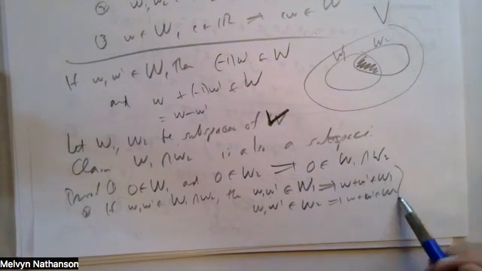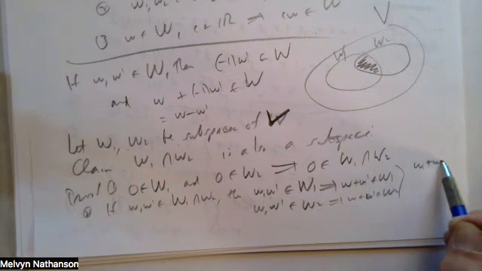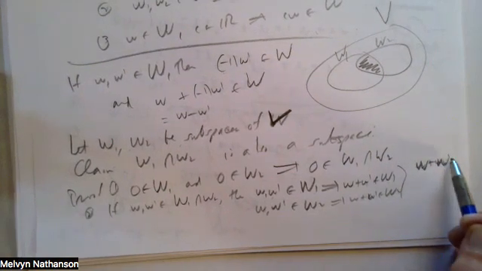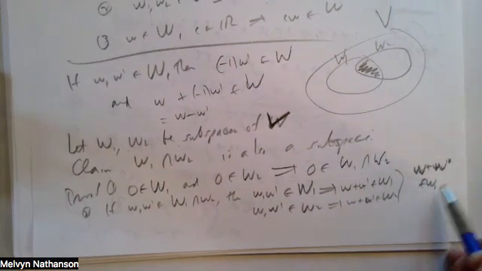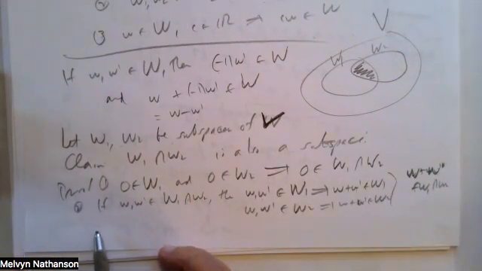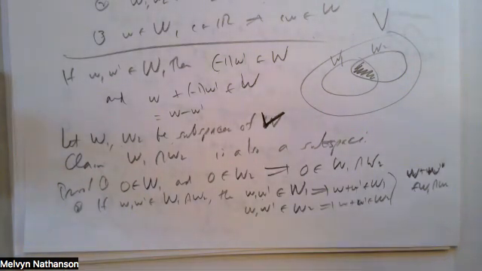So they're in both of these. So W plus W prime is in the intersection W1 intersect W2. So this set is closed under vector addition, and similarly is closed under scalar multiplication. So the intersection of two subspaces is another subspace.